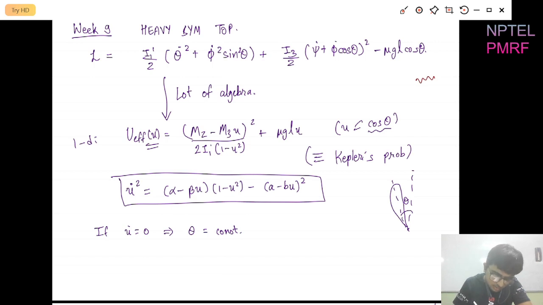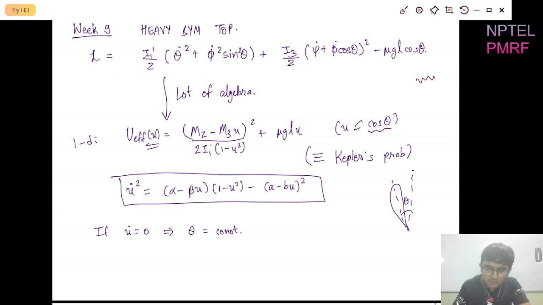So we had seen the Lagrangian of a heavy symmetric top, which involved theta dot, phi dot, and psi dot, right? And after lots of algebra, we were able to reduce it to an effective potential, which is a function of u, where u is cosine of theta.